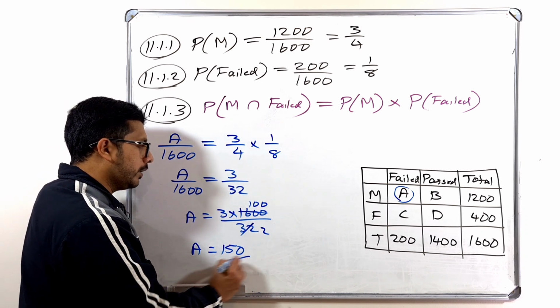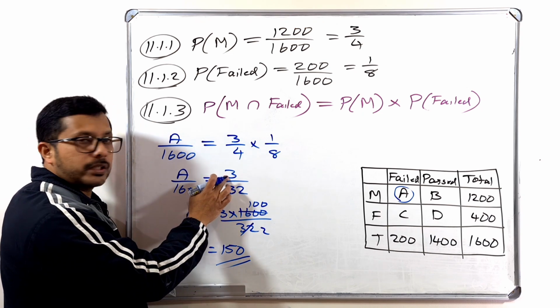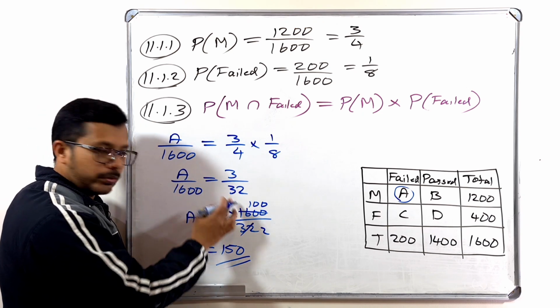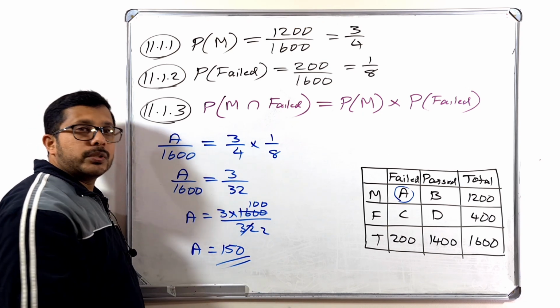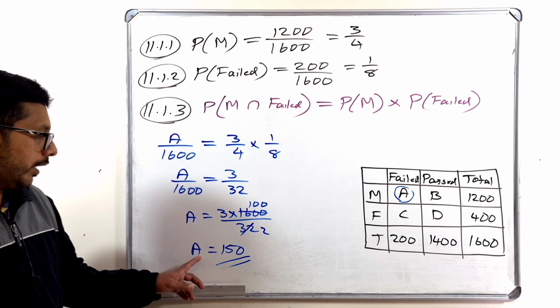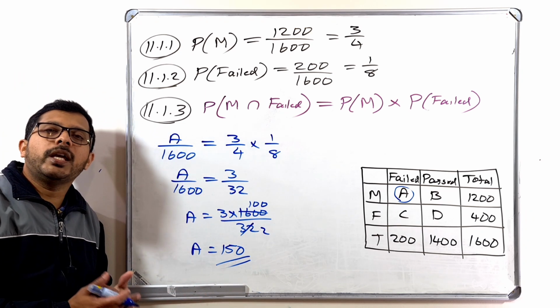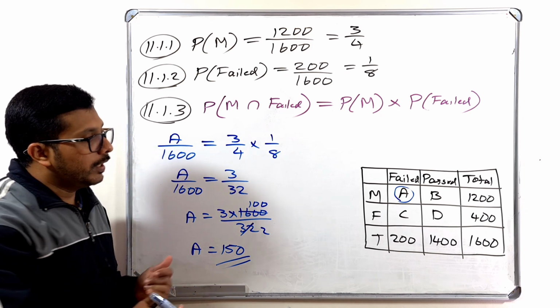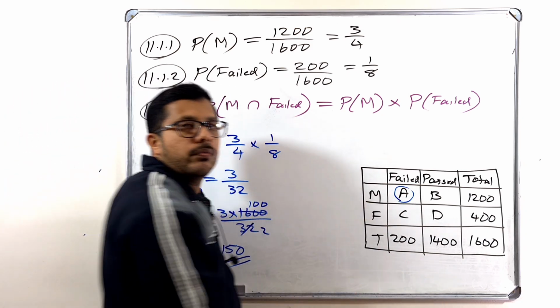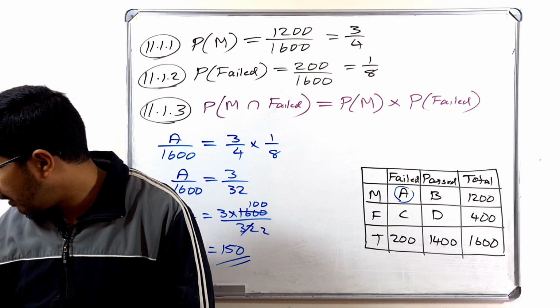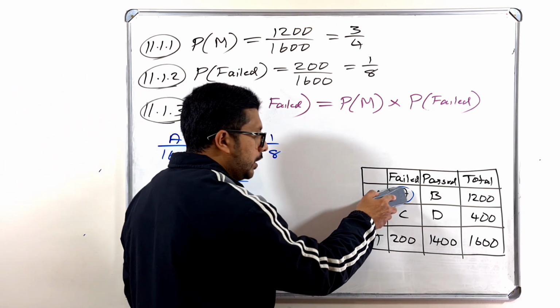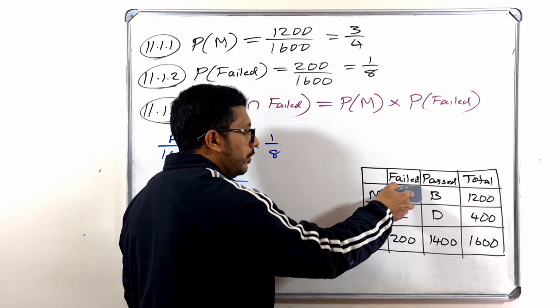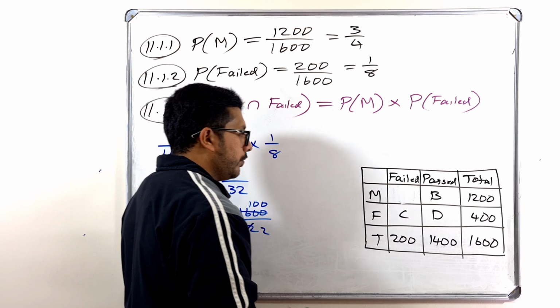You can use your calculator, no problem: 1600 times 3 divided by 32. I was lazy to take a calculator, that's why I did it this way. So the value of A is 150. Let me write it there, A as 150. That is the question: you had to find the value of A.